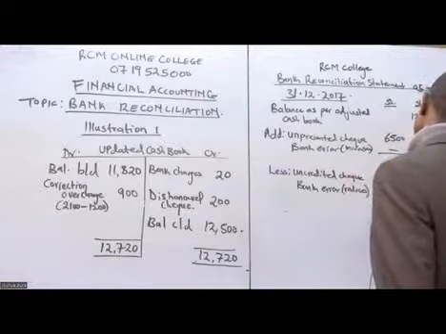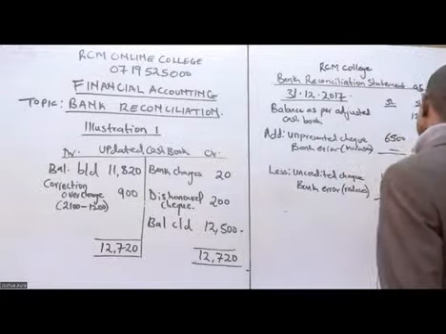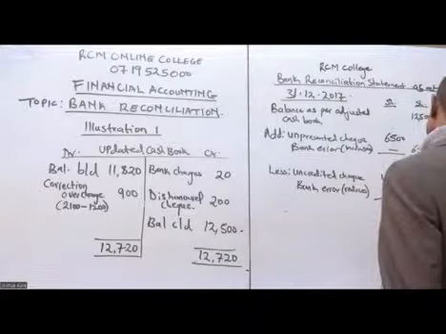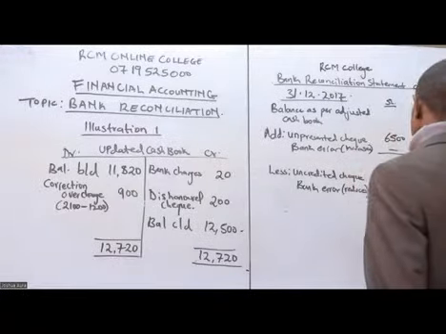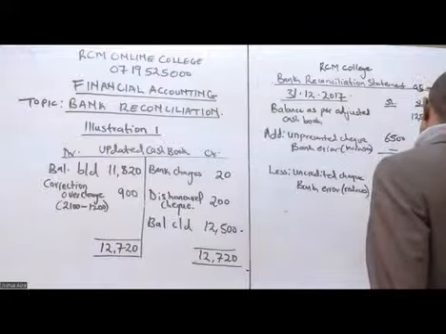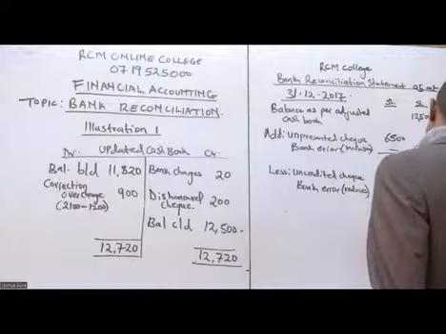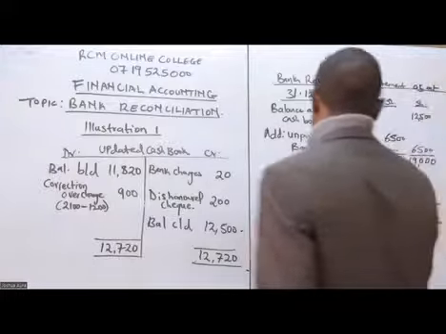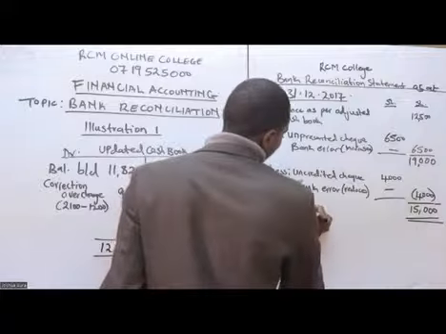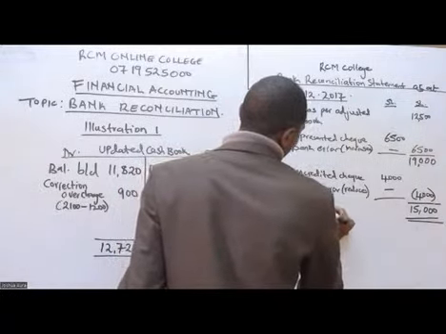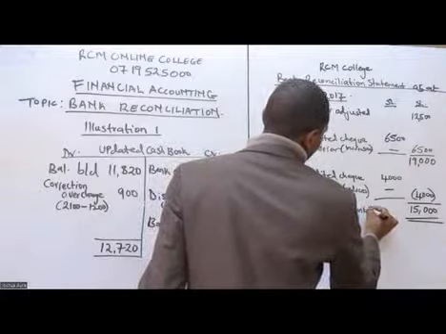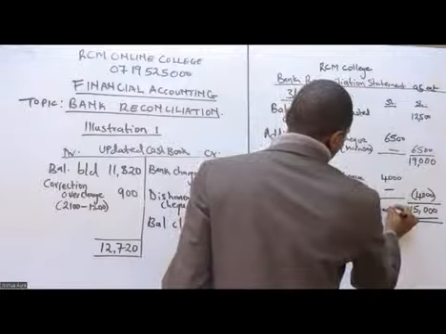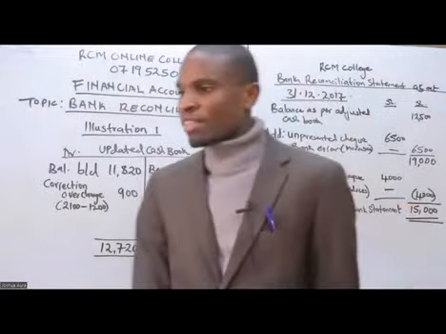So you subtract from the given total, and I'm going to get 15,000. This is what we are calling balance as per the bank statement.